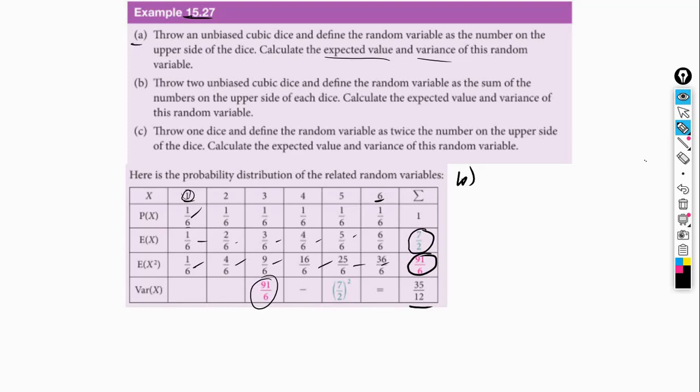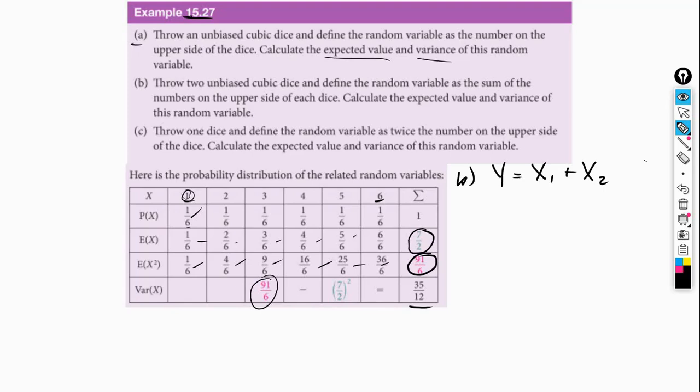Okay, so for part B, it says, throw 2 unbiased cubic dice and define the random variable as the sum of the numbers on the upper side of each dice. Calculate the expected value and the variance of this random variable. Notice that we could define this as y equals x1 plus x2. Now notice that these are independent observations of the same random variable x.